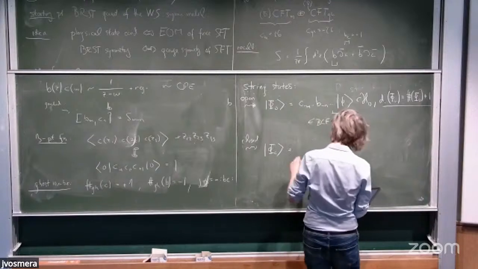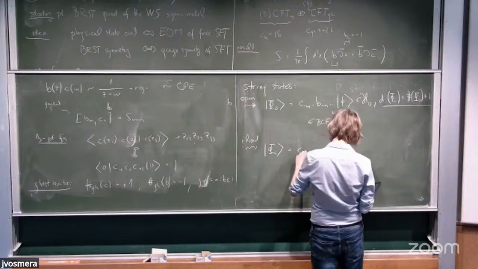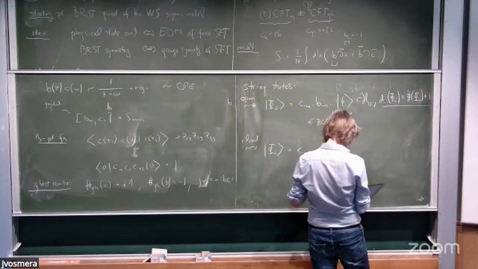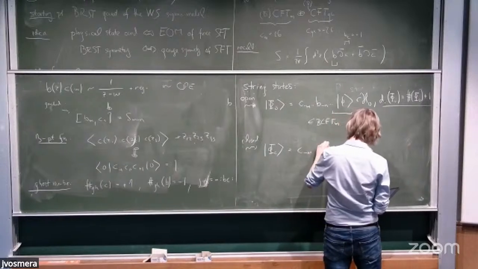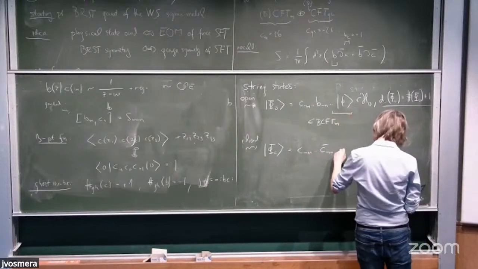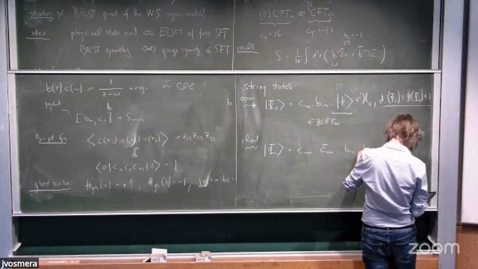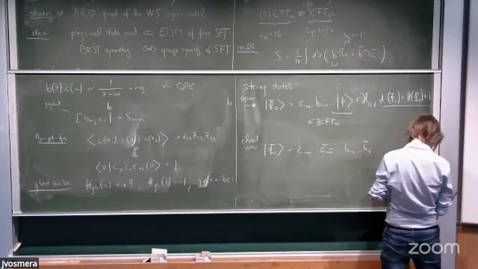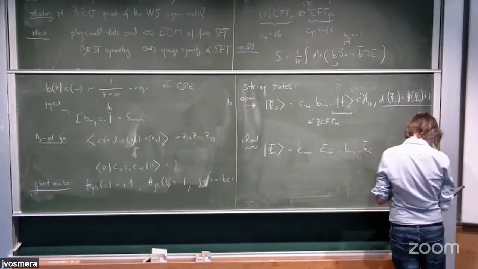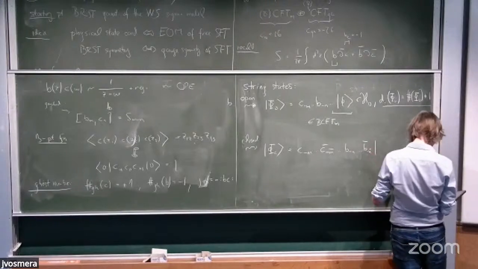But there is an additional complication. So first of all, let me just write down a naive representative. It's just doubling the number of degrees of freedom, basically.